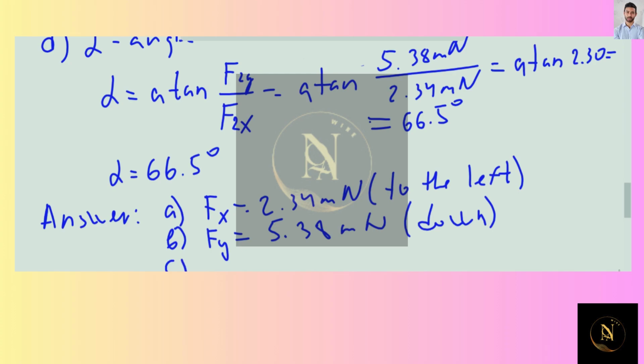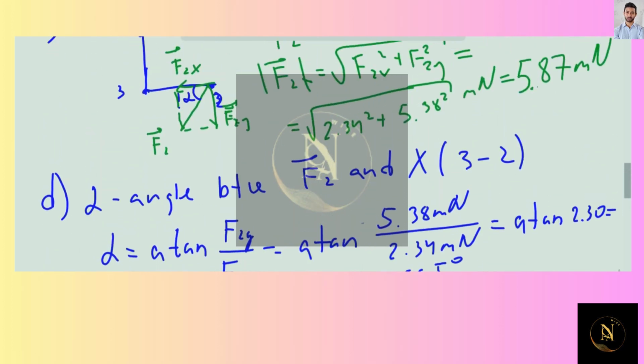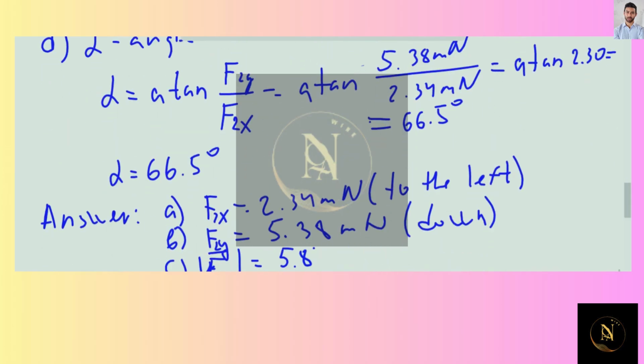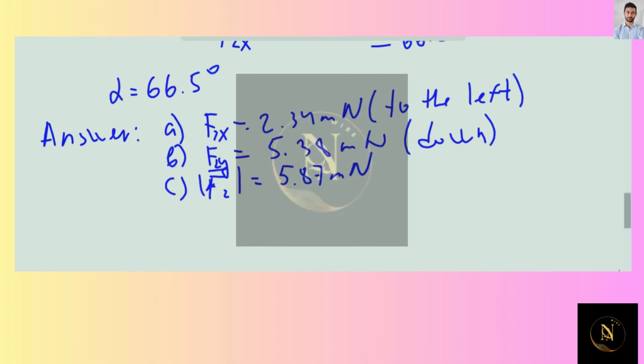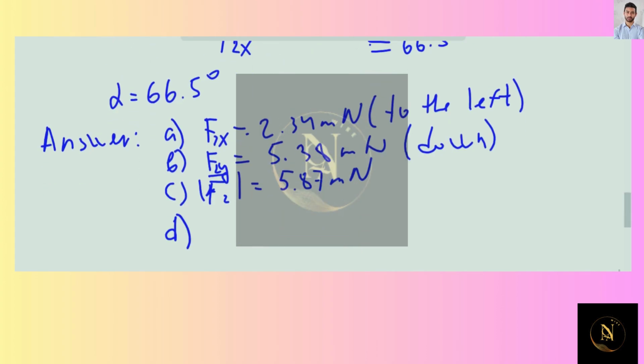Then the absolute value of F2 equals 5.87 millinewtons, and the direction of F2 is angle alpha, which is 66.5 degrees, and again this angle is between F2 and the x-axis.